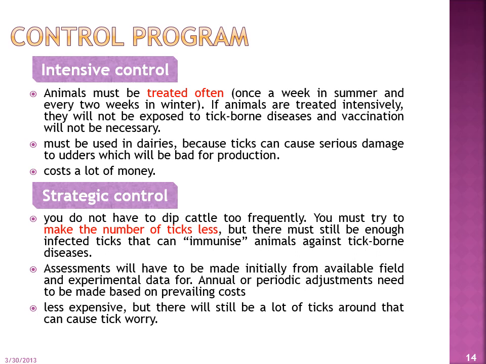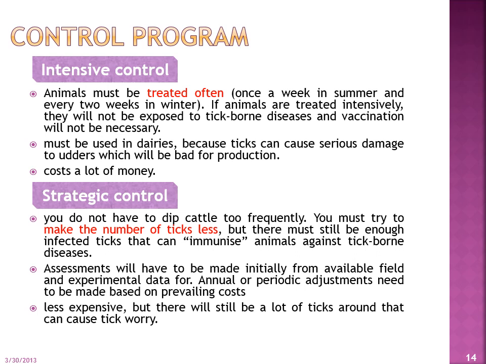So it guarantees that after some time you will get rid completely of the infestation, but at the same time it costs a lot of money, and there is much concern about animal health and the animal product and byproduct, and the most important is the effect on the environment from the use of this chemical control, especially if it's intensive.